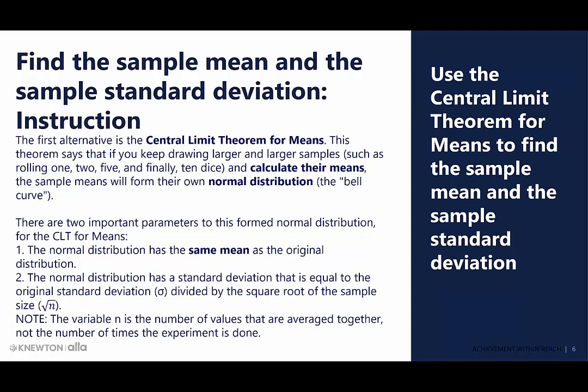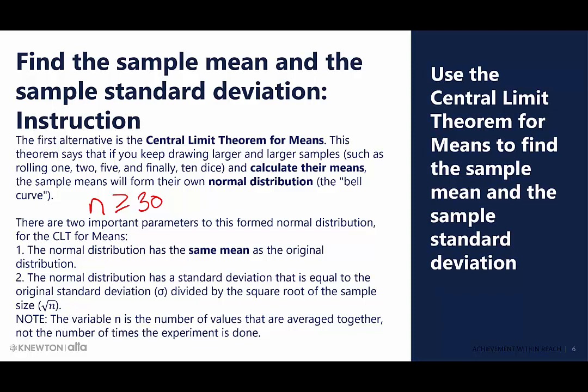Okay, so the central limit theorem says this. If your sample size is large enough, remember for us that means that n has to be greater than or equal to 30, then the distribution of the sample means becomes approximately normal. It becomes normal with a mean that is the same as the original distribution.